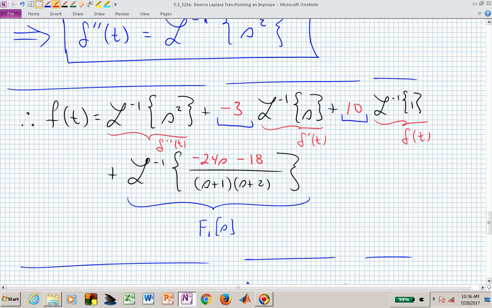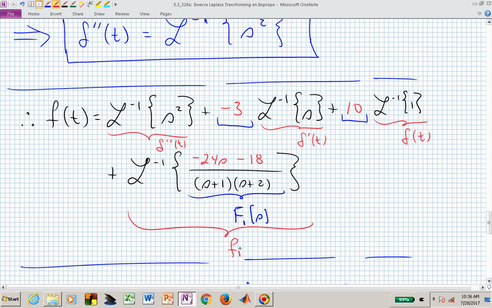So maybe I shouldn't have done that. That's not quite right. Let me do this a little bit better. Let's now say that this piece is capital F sub 1 of s. That's the strictly proper transform. This piece we could think of as the time domain version of capital F sub 1 of s.